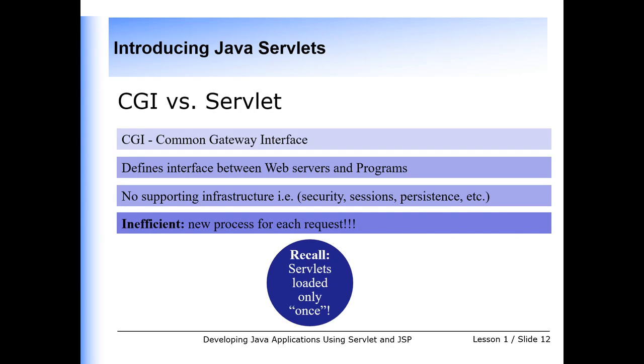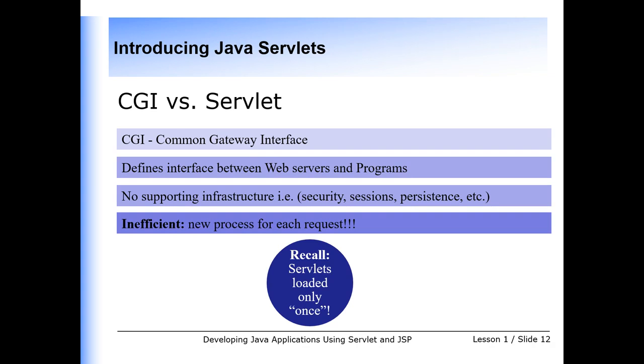Servlet only uses Java as programming language, which makes it platform independent and portable. Another benefit of using Java is that servlets can take advantage of the object-oriented programming features of Java. That is all about the difference between CGI and the servlets.